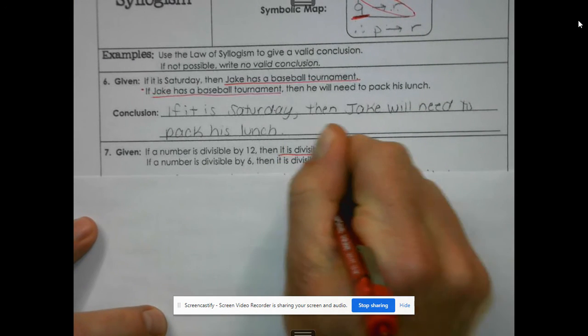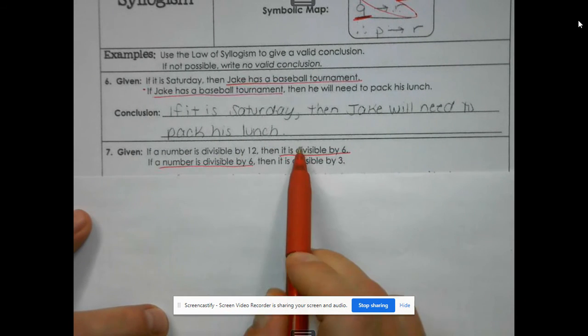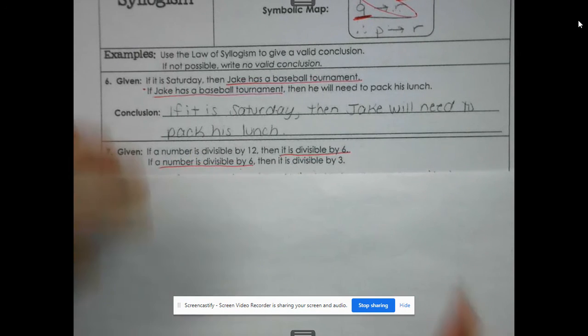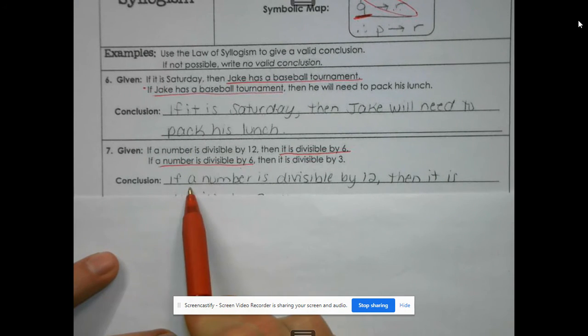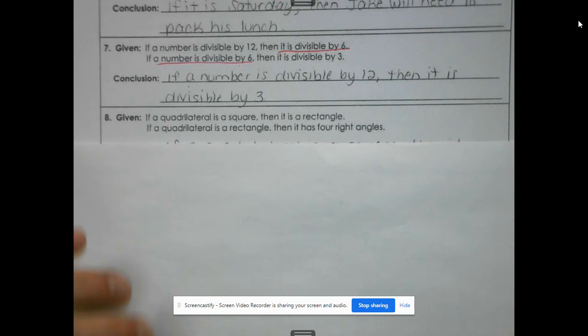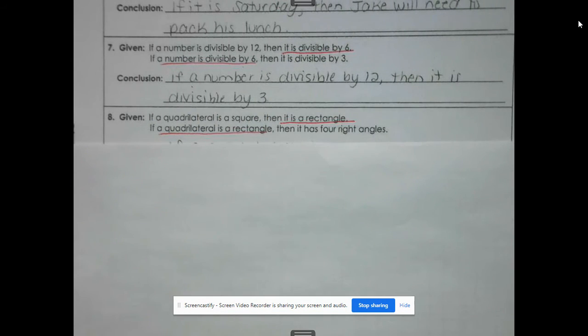Okay, does this match this? Sure does. Since these match up, to write law of syllogism, just combine those two right there. And they did that. If a number is divisible by 12, then it is divisible by 3. Done, check, simple. Does this match this? Sure does, once again.